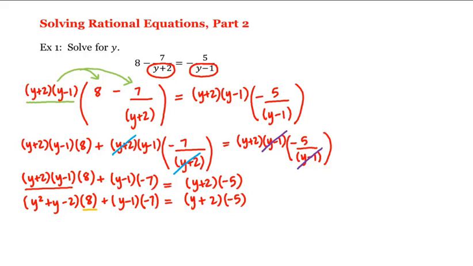And now let's distribute the 8 to these three terms, the −7 to these two terms, as well as the −5 to these two terms, which gives us 8y squared plus 8y minus 16 minus 7y plus 7 is equal to −5y minus 10.